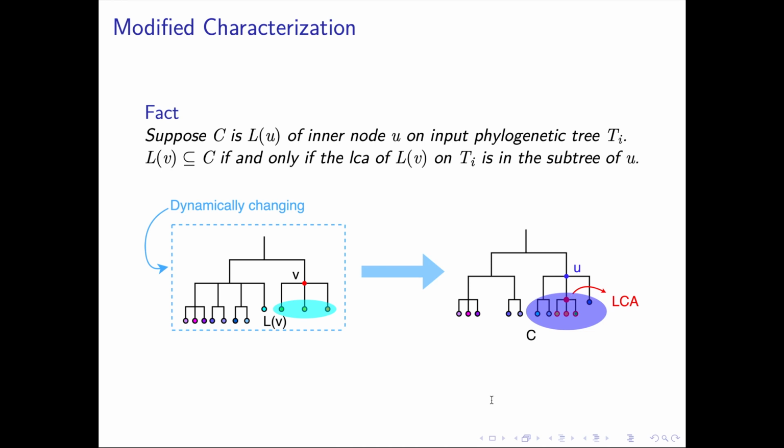Therefore, as a result, to judge whether LV is a subset of C, we only have to find the least common ancestor of LV on the input tree, which is the static tree. This is exactly our approach before. Namely, we maintain the LCA of each cluster in the dynamically changing consensus tree on the static input tree.